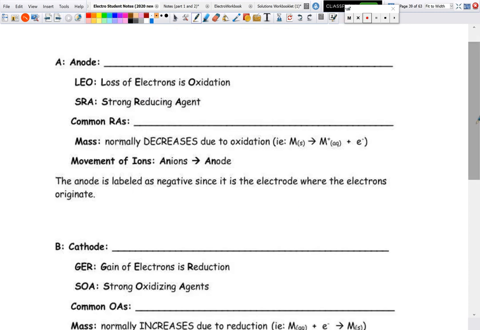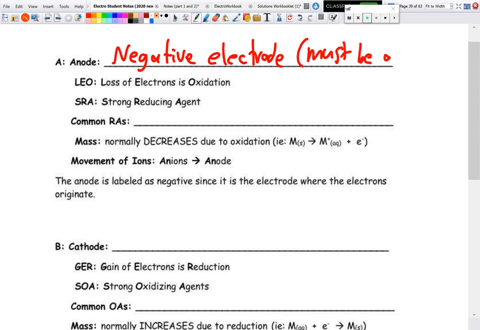All right, so just remember the anode is the negative electrode, and it must be a solid. And of course this is where the loss of electrons is happening, so that's why we had LEO. For that acronym, LEO the lion says GER, loss of electrons is oxidation.